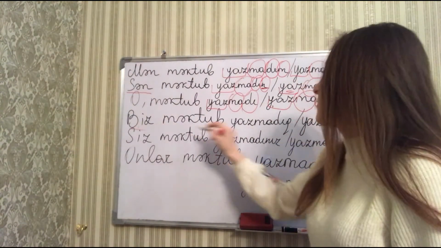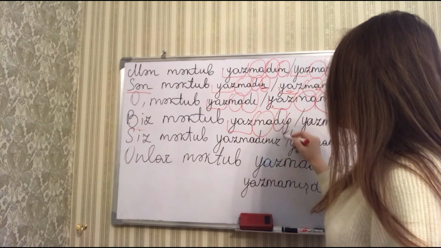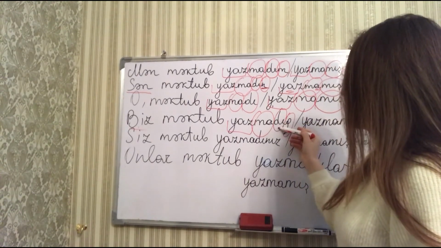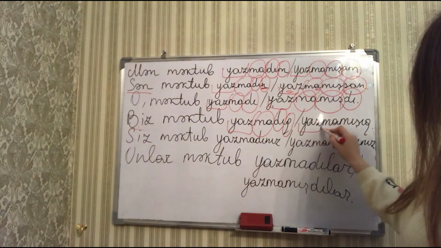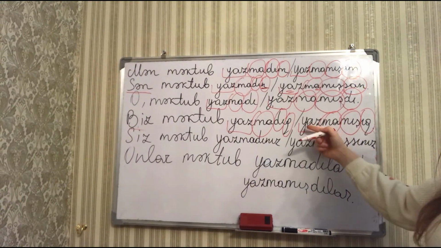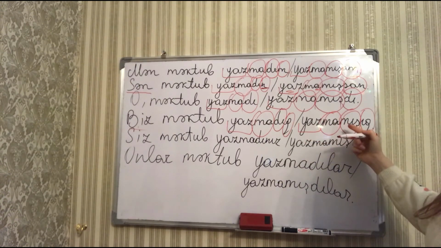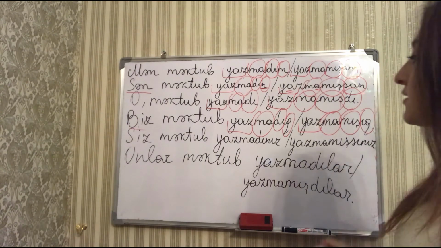Biz mektup yazmadık. Verb, negative, past, personal suffix. Yazmamışık. Again. Verb, negative, past and personal suffix. Next one.